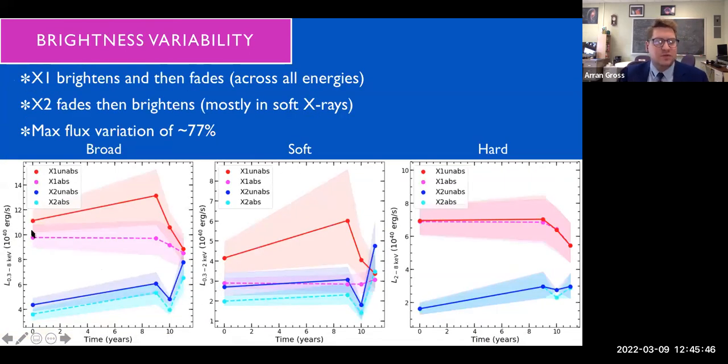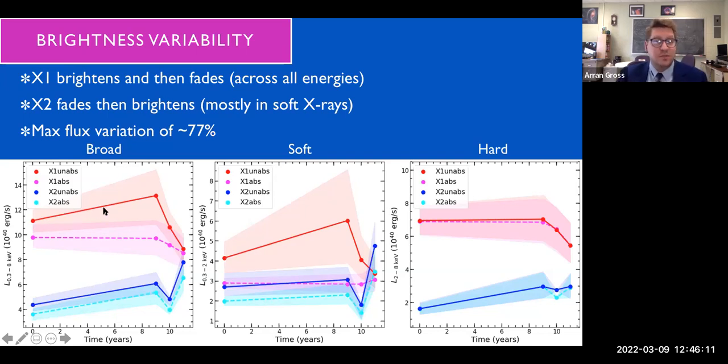If we plot what sort of luminosities we get from those regions from our modeling over the course of these 4 observations, and again, there was a big gap between observation 1 and observation 2, and then basically 1 year between each of the rest. Again, X1 color-coded in red, X2 color-coded in blue. And we see that those regions are doing different things.